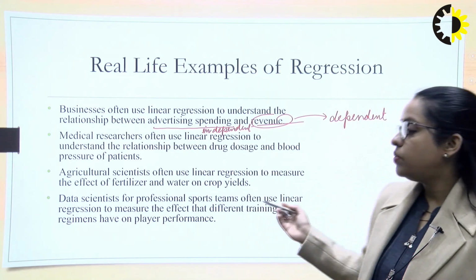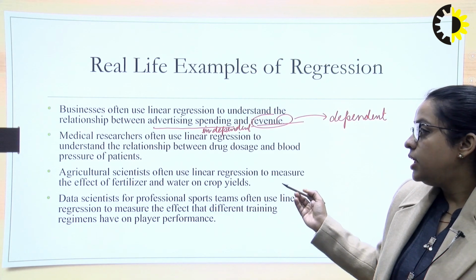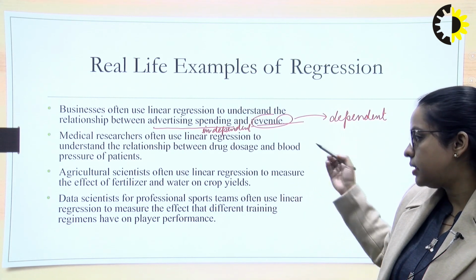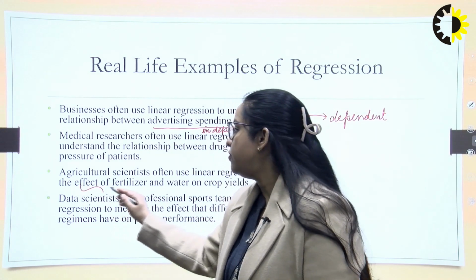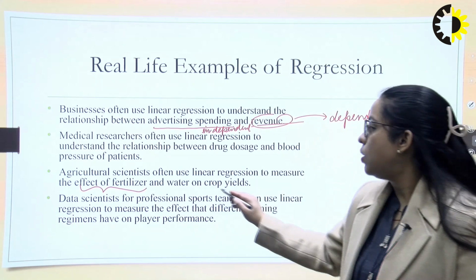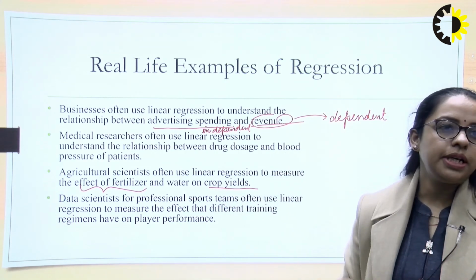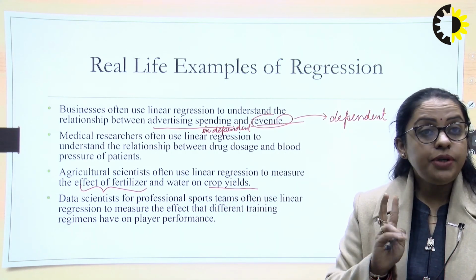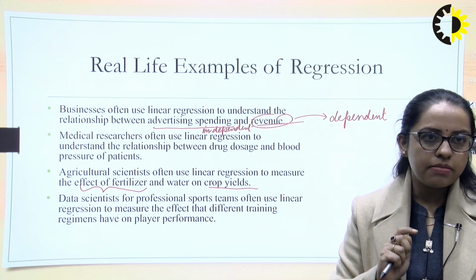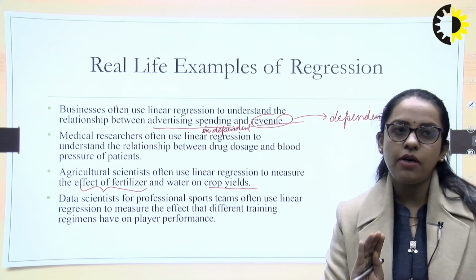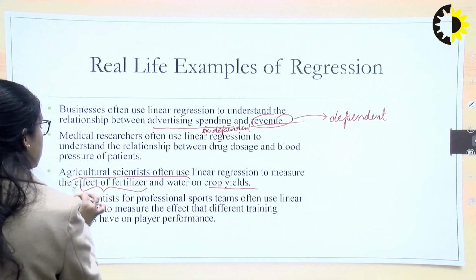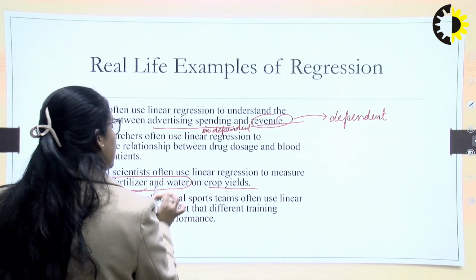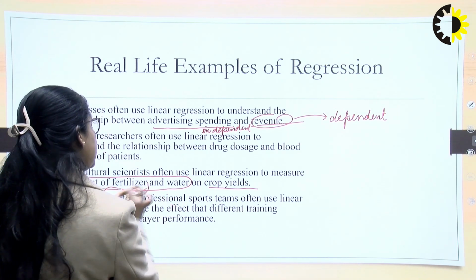Coming towards the third example, here the agricultural scientist uses linear regression to measure the effect of fertilizer and water on crop yields. In this example, we have two independent variables. The set of independent variables has two components: first is fertilizer and water.